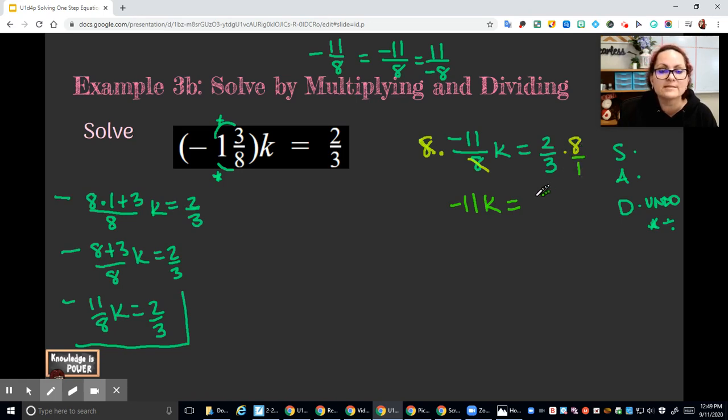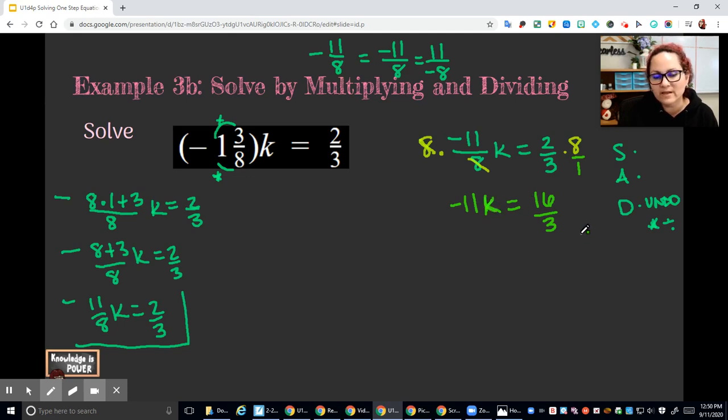So 2 times 8 is 16, and 3 times 1 is 3. Okay? I want to get rid of all denominators. That's usually my goal. Let's just get rid of the fractions. And the way we can do that is by multiplying by the denominator. Although we had said that the goal was to get k all by itself, right?